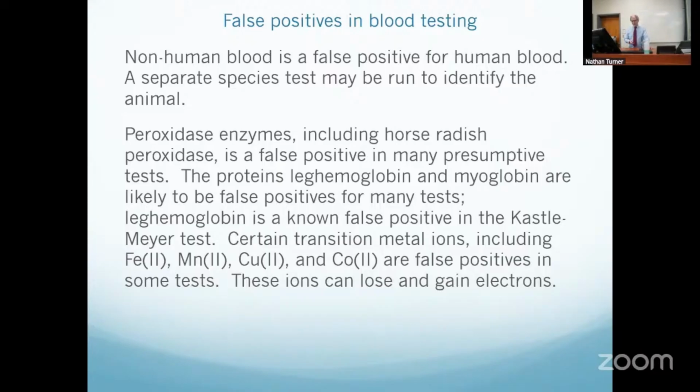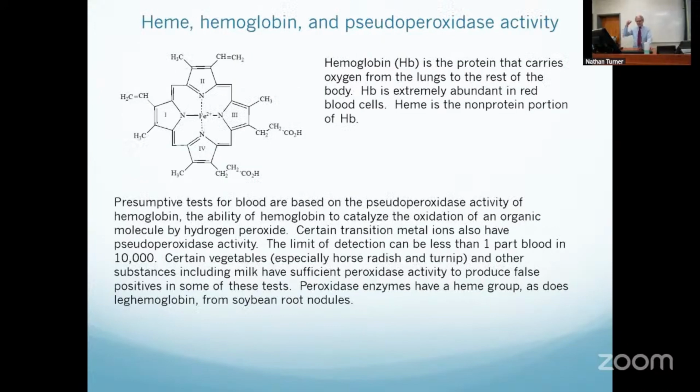And to give you a little bit more information, the next two slides should help us out. In many presumptive tests for blood, they revolve around hemoglobin. At the center of hemoglobin is this molecule called heme, and at the center of heme is an iron atom. And the heme is what we're actually detecting in these presumptive tests for blood.